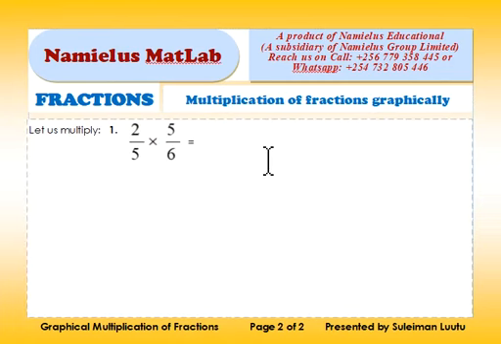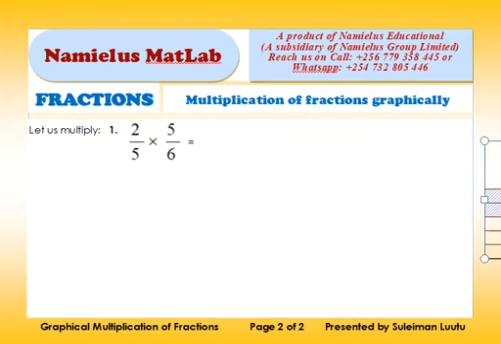We are now going to multiply graphically, number 1, that is 2 out of 5 by 5 out of 6. We are going to have them represented as follows.